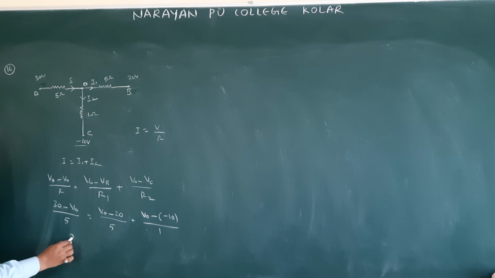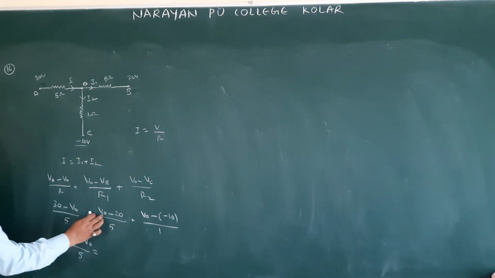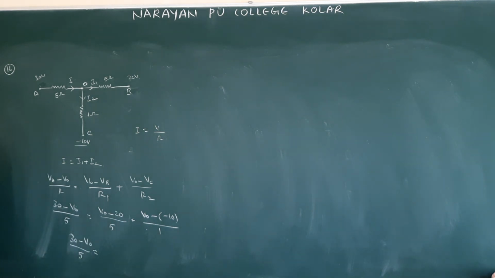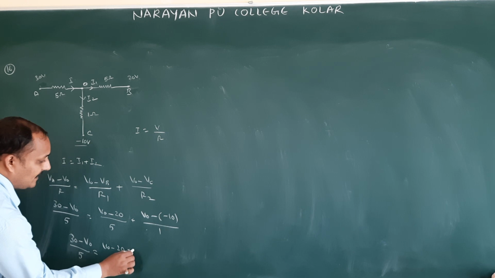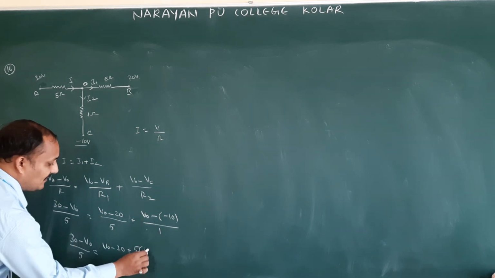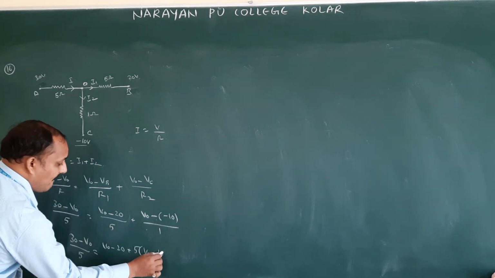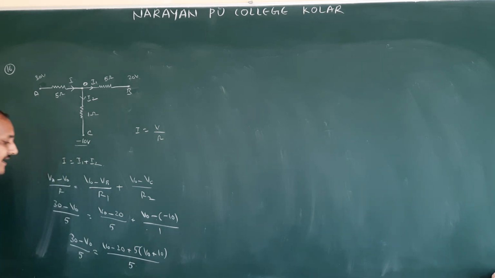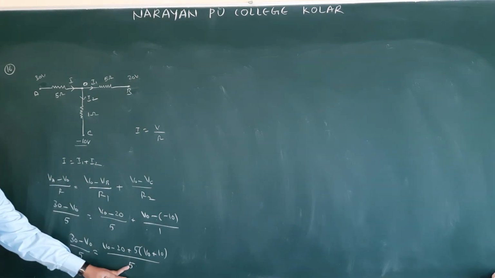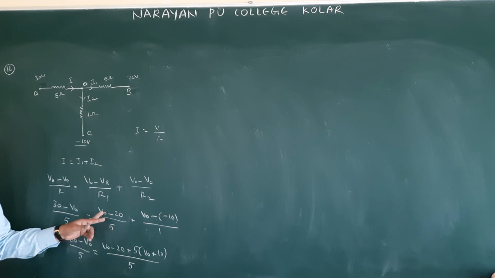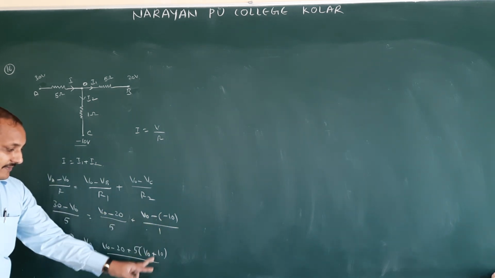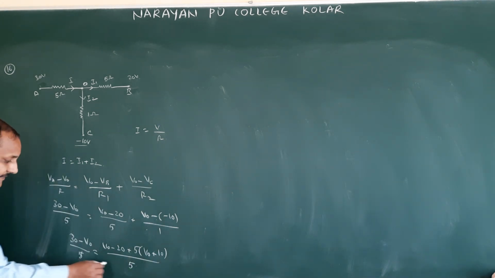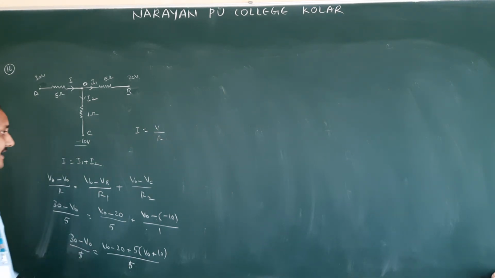Taking LCM 5: (V0 minus 20) plus 5 into (V0 plus 10), divided by 5. So this 5 will be cancelled, leaving 30 minus V0.